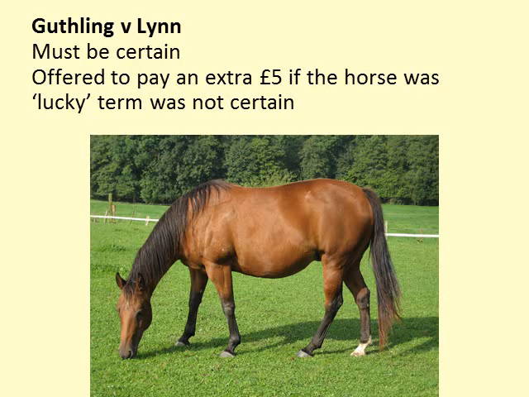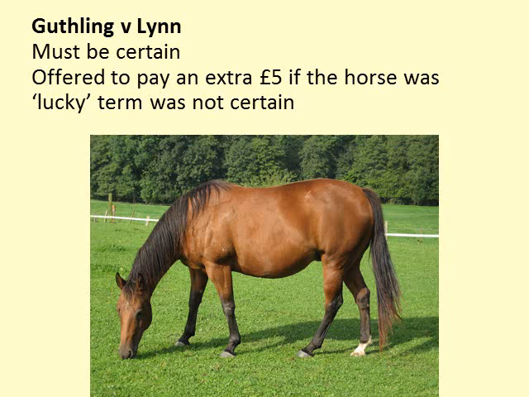So there are some basic rules that you need to know about making an offer, and the first one is that it must be certain. This can be seen in a case called Guthing and Lynn. In this case, the person making the offer said that they would pay an extra £5 if the horse was, and I quote, lucky.